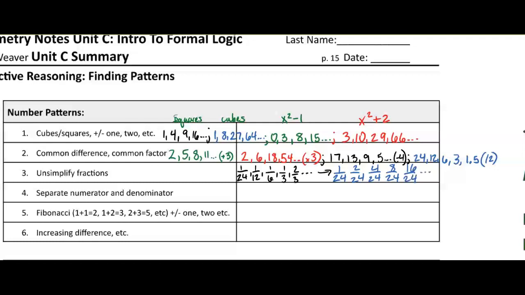Now what is my pattern? What's happening to my numerator? I'm doubling it. 1 doubled is 2, 2 doubled is 4, 4 doubled is 8, 8 doubled is 16. What is 16 doubled? 32. So 32/24, and then I would simplify that to find a final answer.